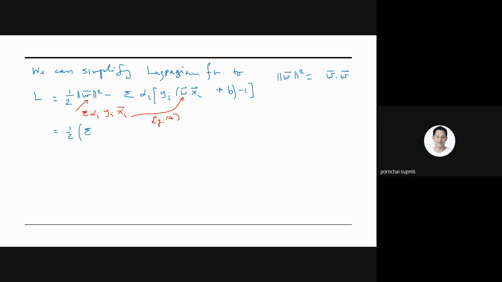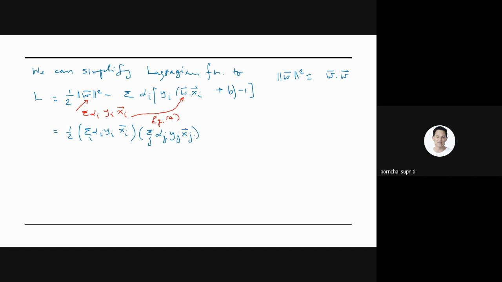One is summation alpha i yi xi vector, multiplied with another w. But when we multiply like this, we need to change the variable from i to j, so that it is easier to multiply.